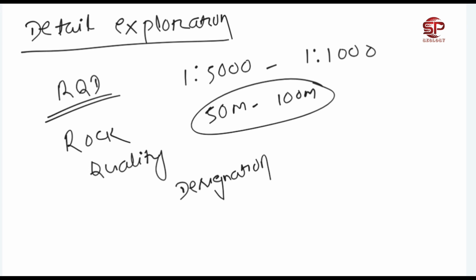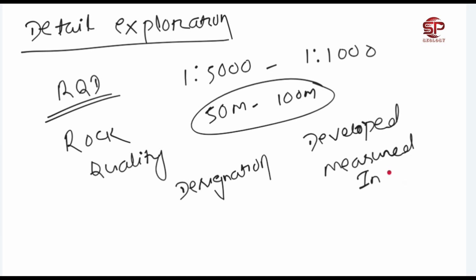Then according to the location, whether we will do underground mining, surface mining, or open cast mining, that is also determined in the detailed exploration condition. Now the ore reserve comes under the developed, measured, indicated and inferred category.